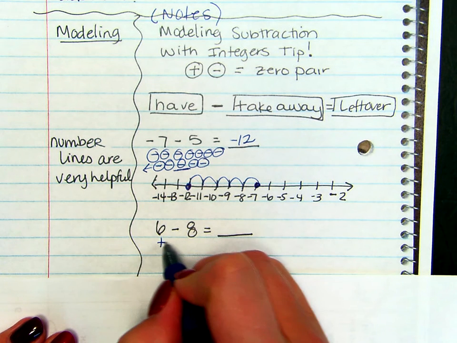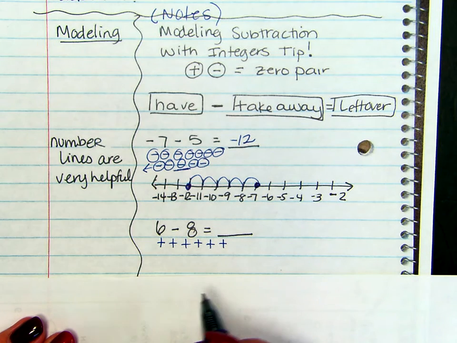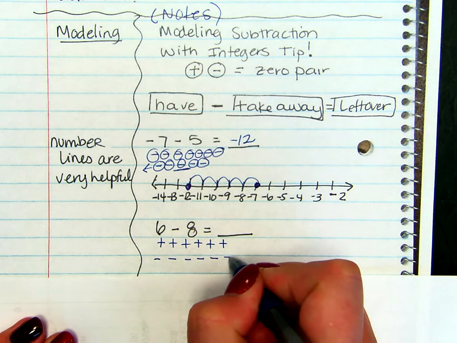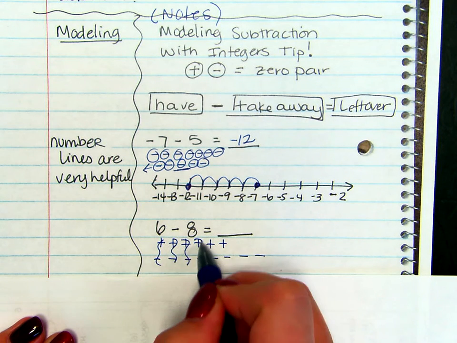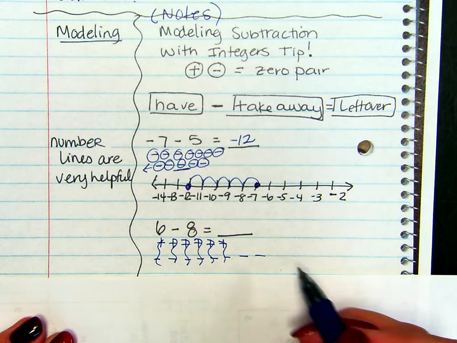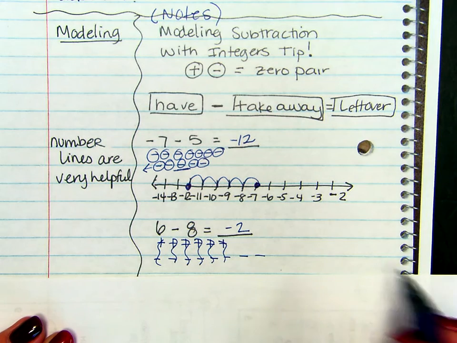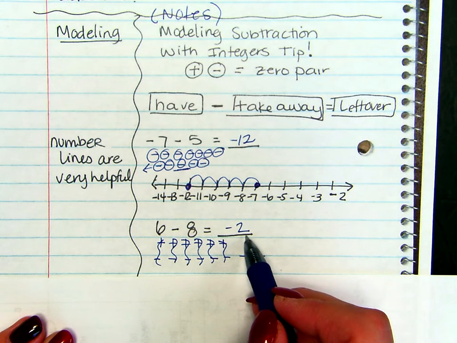So once again, we can use our plus signs here. So I have 6 plus signs and I have 8 negatives. And all together, when we cancel them out, we get 2 negatives remaining. So again, I have $6. I take away 8. My leftover is -2.